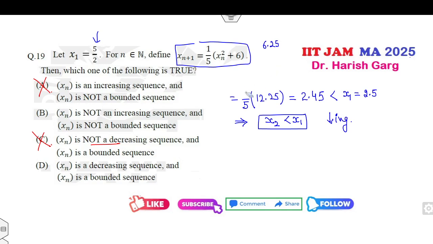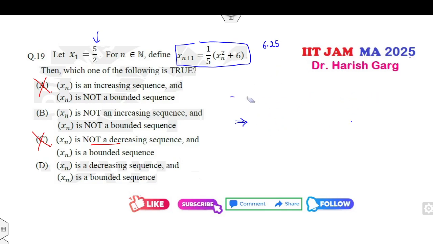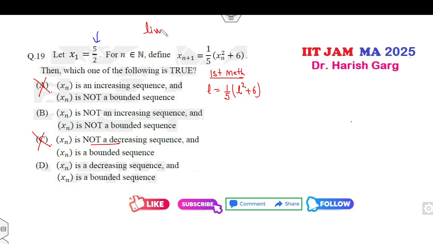Again, very simple. You can either use the numerical analysis concept or the limit point. I will tell you the two methods. First method is I can find the limit point. So if it is L, 1 over L squared plus 6, I assume the limit of xn as n approaches infinity is L. So I can take n approaches infinity on both sides. So it will be L squared minus 5L plus 6 is 0.